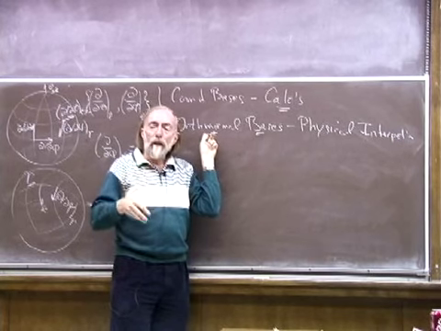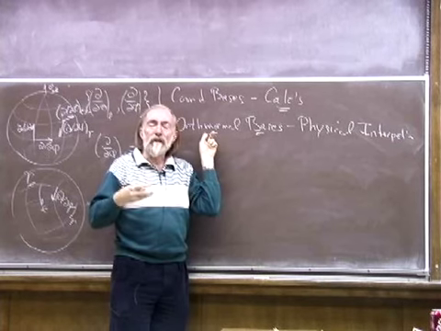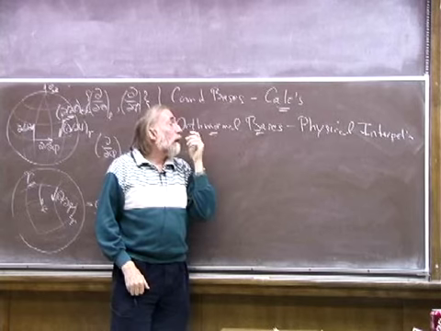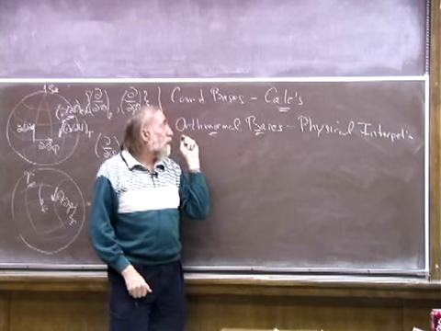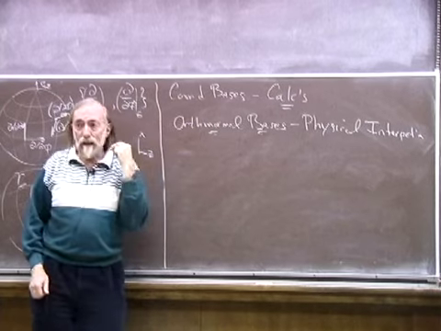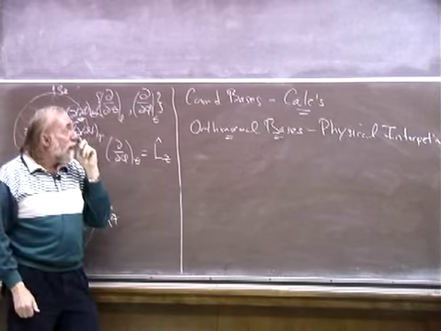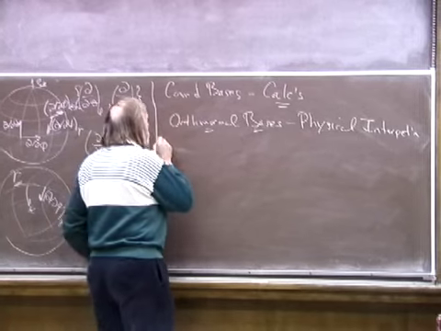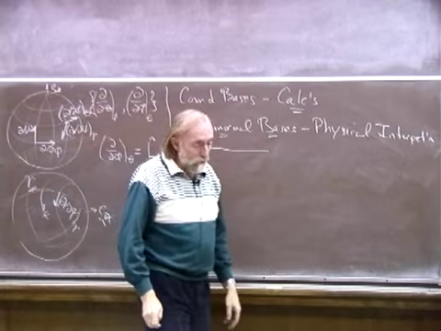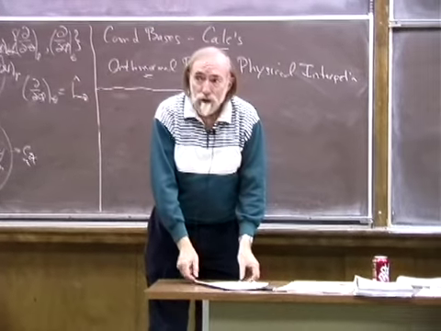But if you're doing calculations where it's not just plug-in and grind formulas, then it requires a fair degree of mathematical sophistication to work with non-coordinate bases in calculations. And for that reason, in calculations in this course, we will almost always work in coordinate bases, physical interpretation in orthonormal bases. Okay. Questions?